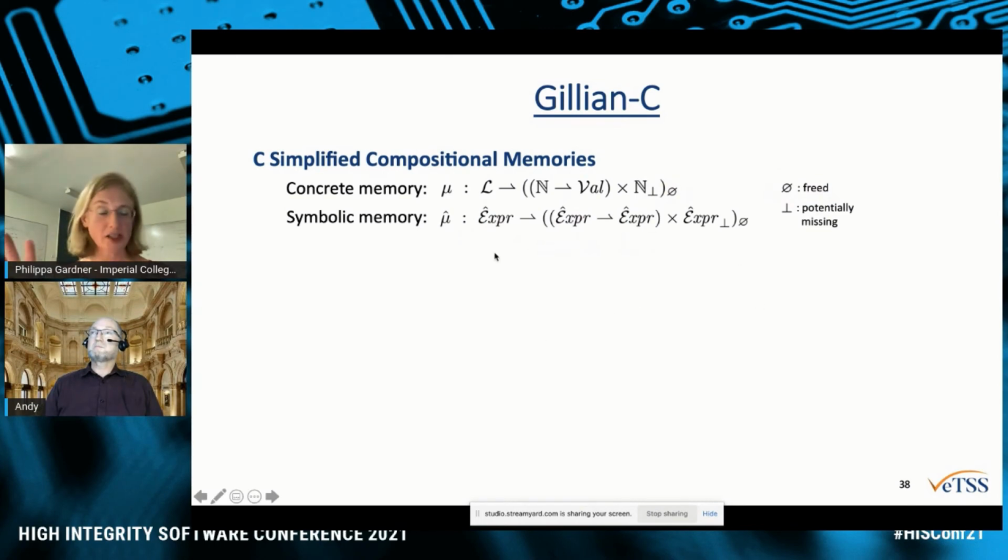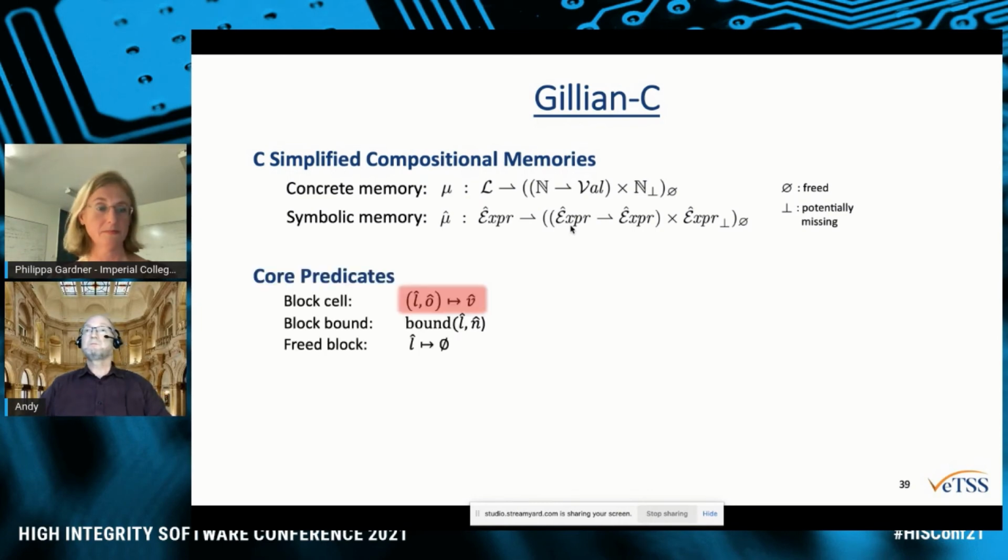Symbolic memory is much harder in the implementation for performance reasons. Here, it's just a simple lifting of the concrete memory to symbolic expressions. We have core predicates, which are the block cell, the block bound, and the freed block.